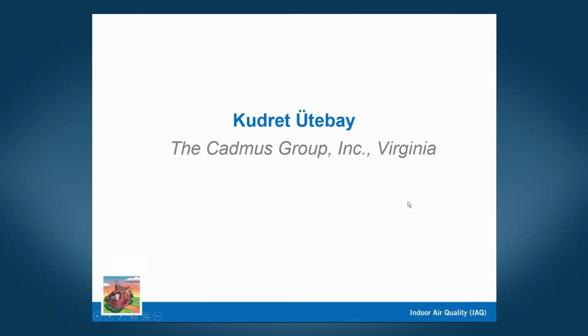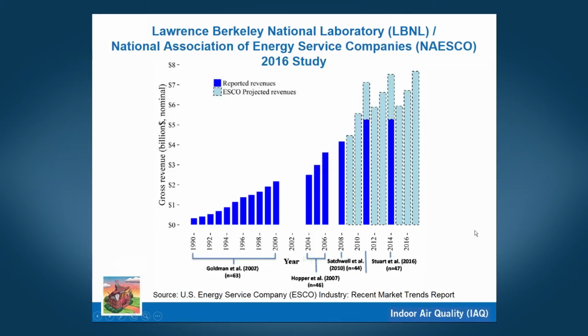Hello, everyone. My name is Kudret Utabay with Cadmus Group. I would like to start giving you a little bit of information about 3 studies that I saw recently. The first one is from Lawrence Berkeley National Lab in collaboration with National Association of Energy Service Companies.